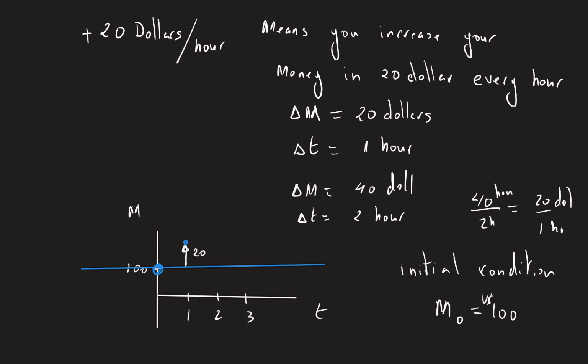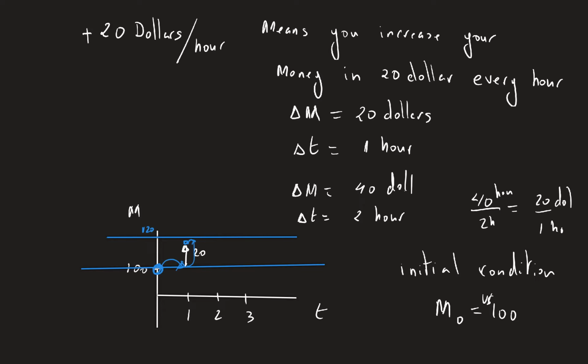Now your final amount of money will be 120. So you make a jump of 1 hour and an increase of $20. Your new amount is 120.